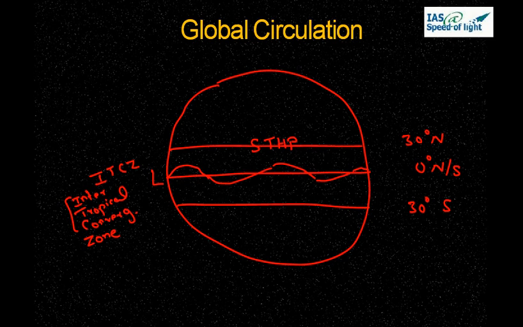The sinking air will diverge to meet at ITCZ, that is a convergence zone. So this is the area of divergence, while ITCZ is an area of convergence.